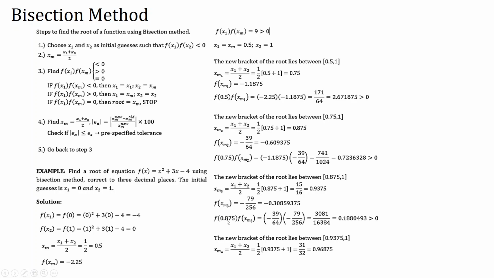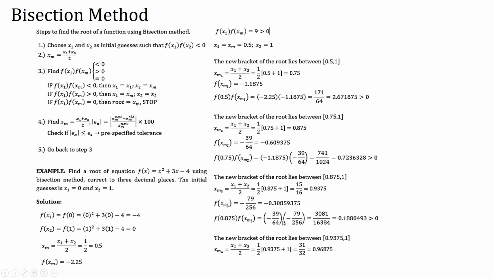Evaluating this value, this is f of x1, which is 0.875, and f of 0.875 gives us negative 39 over 64.